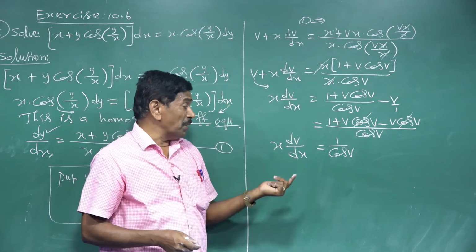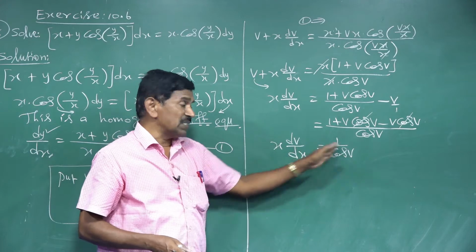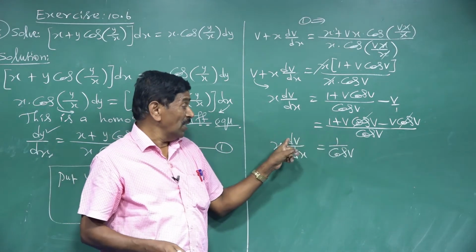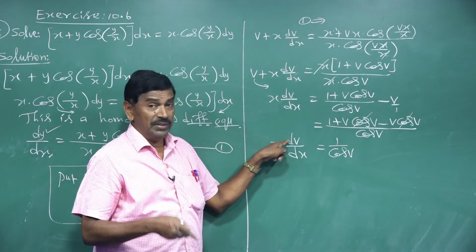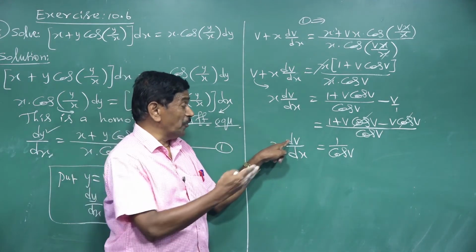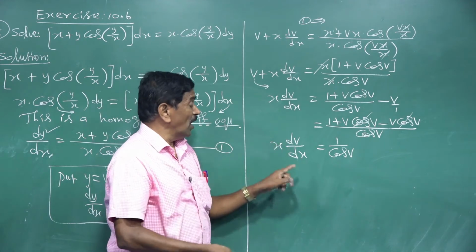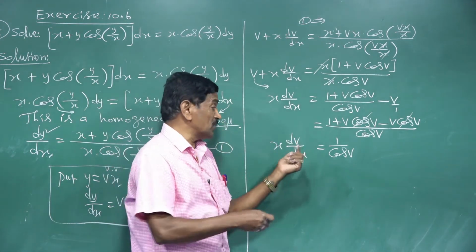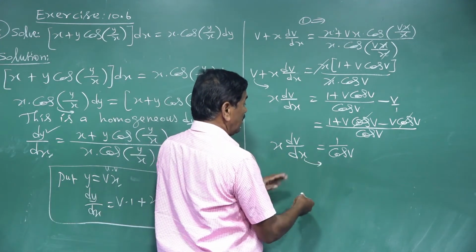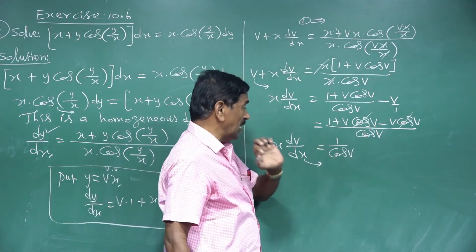Variables separable means the v family on one side and the x family on the other side, under the condition that dv and dx should be in multiple relation. Here dv is in the numerator, therefore the v family must be on the left side. We want dx in multiplication, so dx goes to the right side, and so the x variables are on the right side.